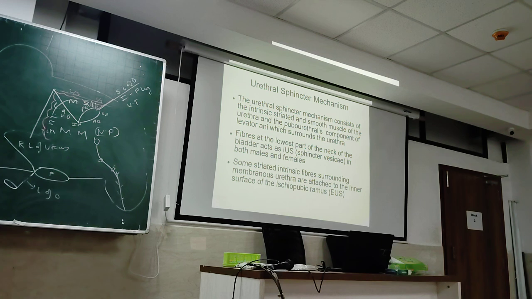Some striated muscles surrounding the membranous urethra in males are attached to the inner surface of the ischial ramus. This we said is also called the compressor urethrae, those that do not belong to the urethra but just compress it.